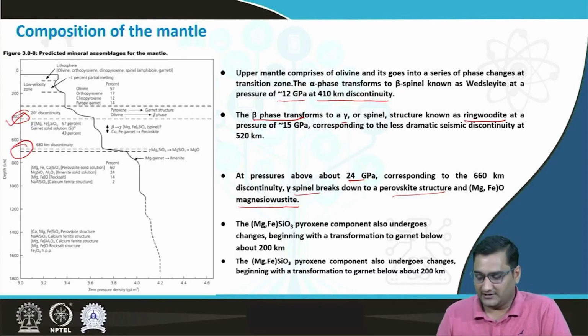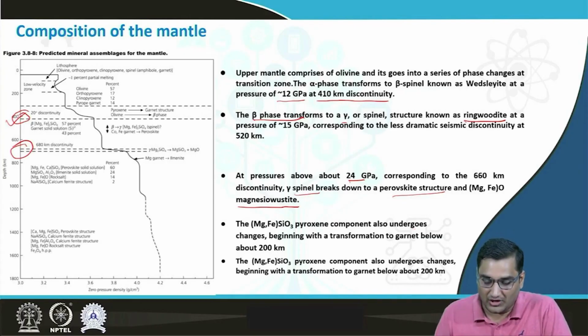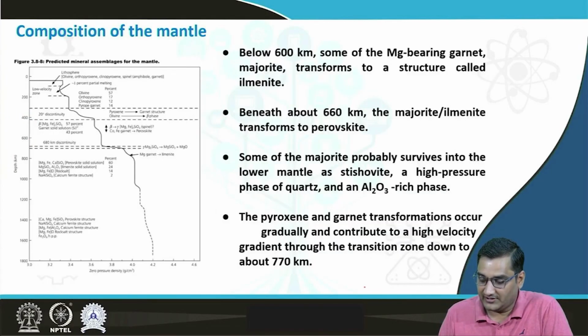In terms of pyroxene, the other mineral present in the upper mantle, the pyroxene component also undergoes changes, beginning with a transformation to garnet below about 200 kilometers. This changes further at around the 660 kilometer discontinuity to a magnesium bearing garnet, known as majorite, that transforms to a structure called ilmenite.